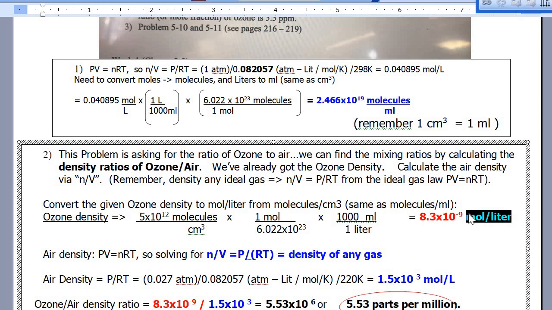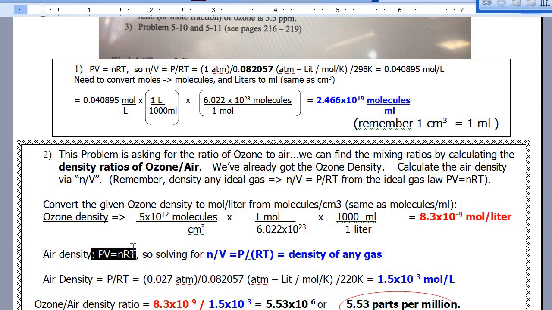Now for air, we know it's very low air pressure, and they're using 220 K for some reason. I know it'll be much colder, but whatever. It's going to be this low air pressure divided by RT. Why is that? Because density, which is N over V, is the same as P over RT.